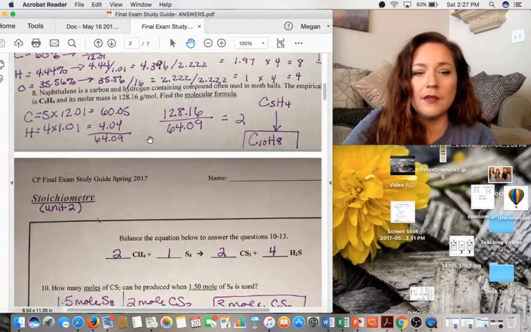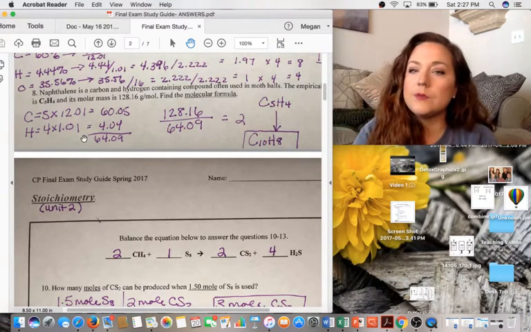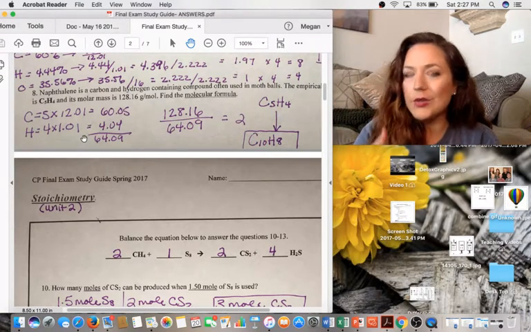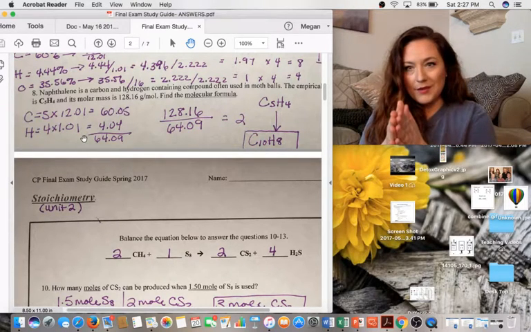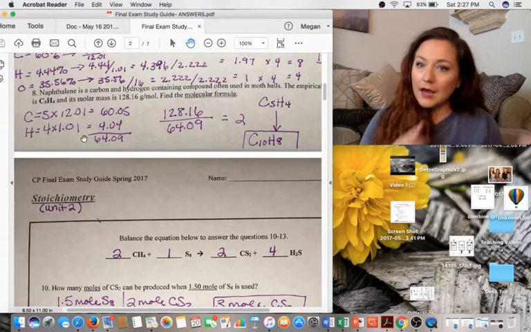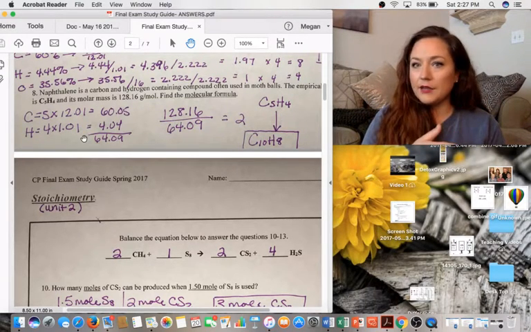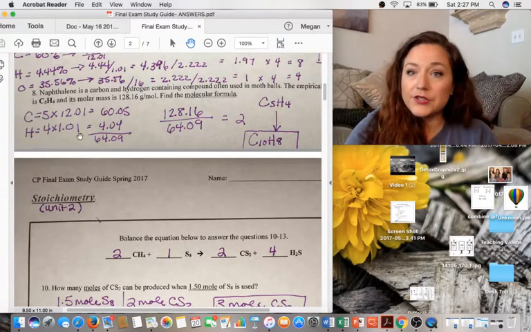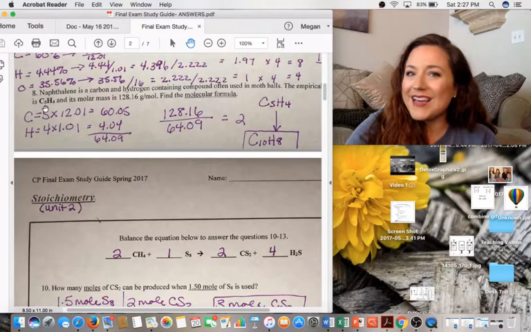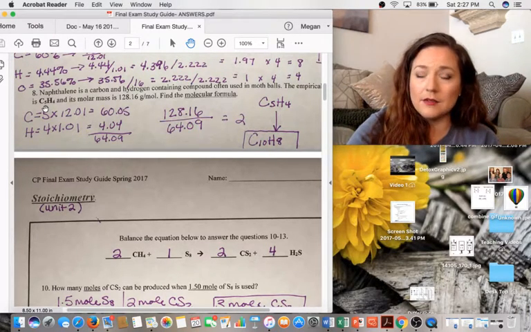Now, next one is 8. In this one, they give you the empirical formula, and you're starting with empirical, but they tell you, hey, I have a compound that's a molecular formula, and here's the given molar mass of it. Because they didn't give us the empirical molar mass, we need to find it.